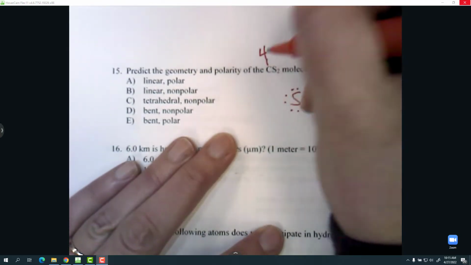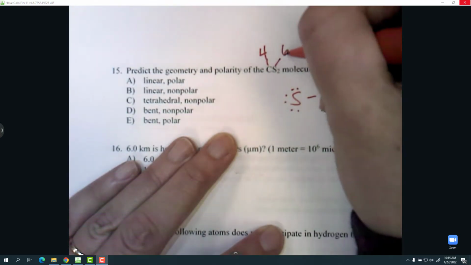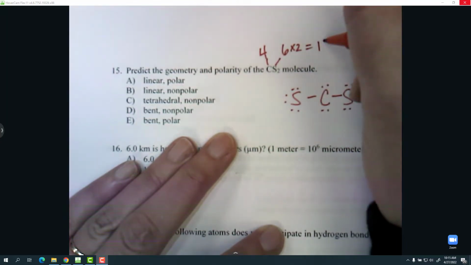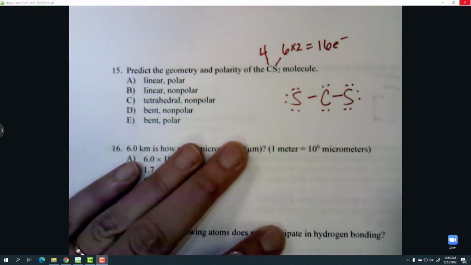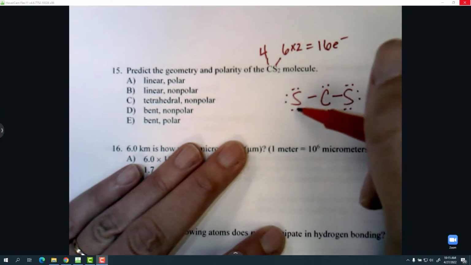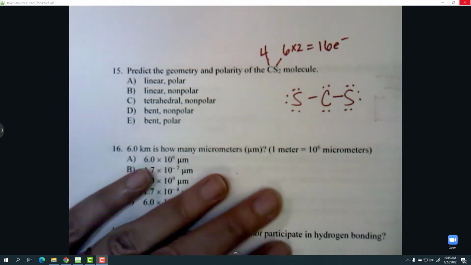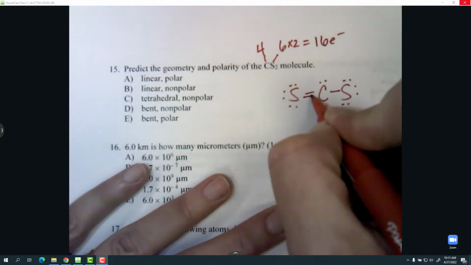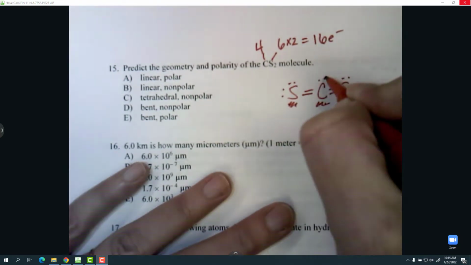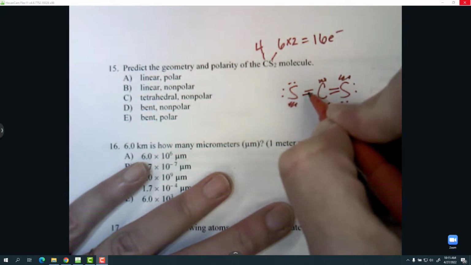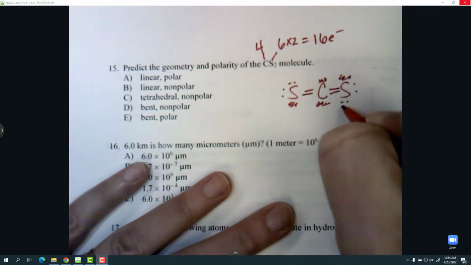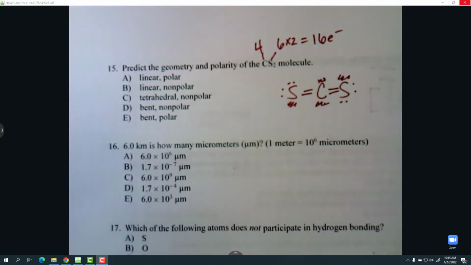This is from the periodic table: 4 valence electrons for carbon, 6 for sulfur. So I should have 16. I have 2, 4, 6, 8, 10, 12, 14, 16, 18, 20. So I'm going to need some double bonds. I'll put one in on each side. 2, 4, 6, 8, 10, 12, 14, 16. And so that looks like what it should be.